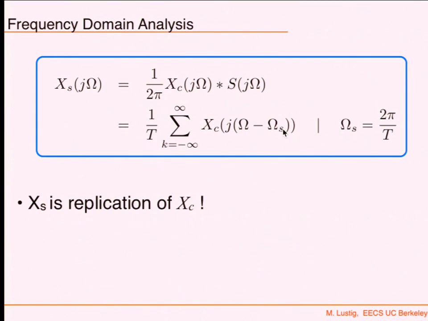Hence, you got your self-replication, at a distance of omega sub s, which is proportional, of course, to 2 pi over T, which is your sampling rate. That's the sampling frequency. Who has not seen this before?